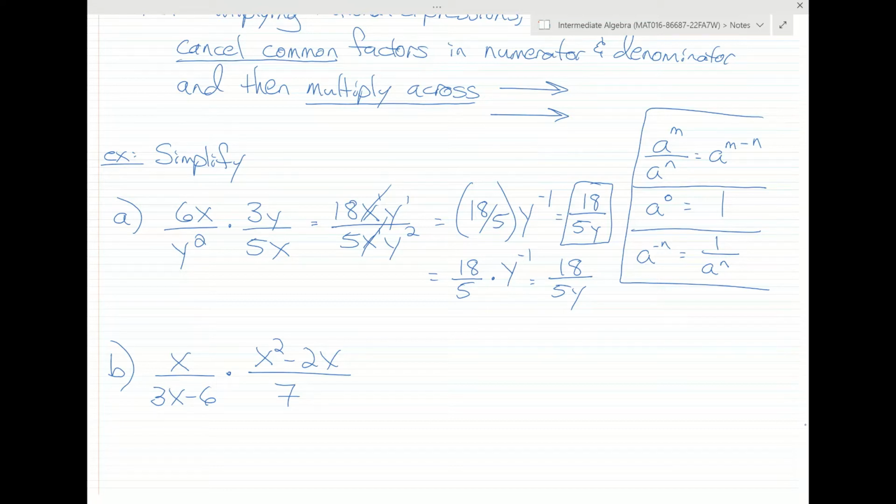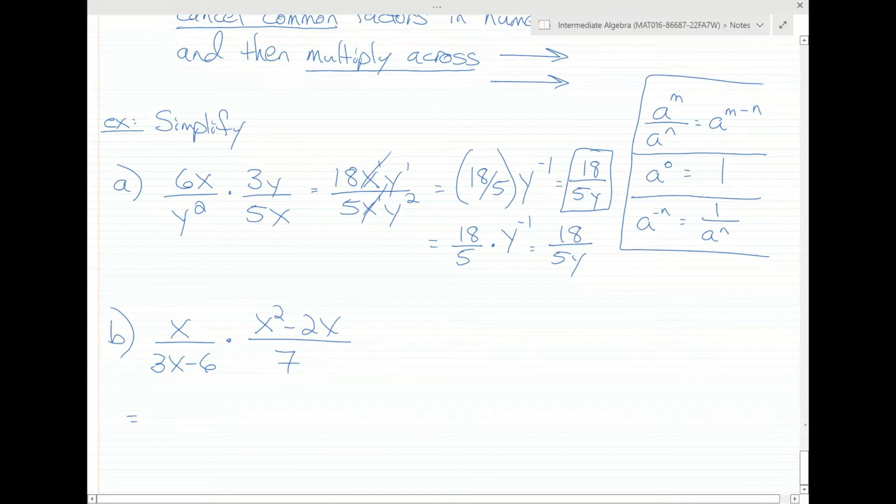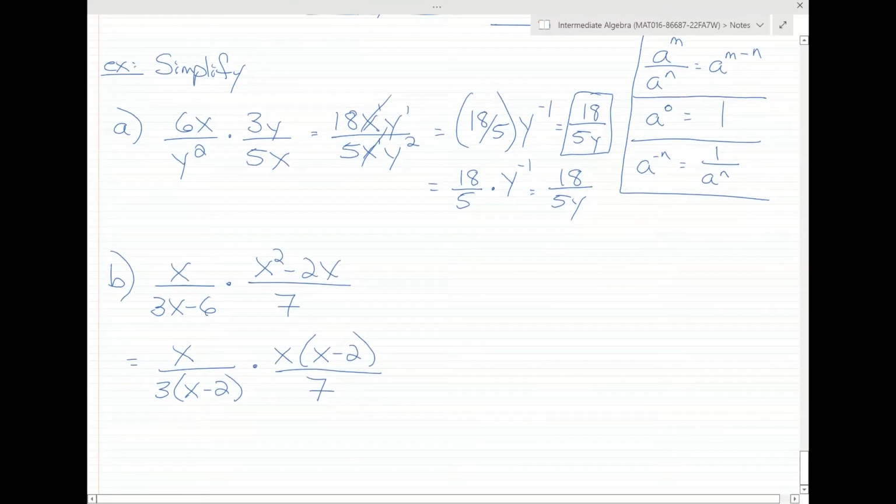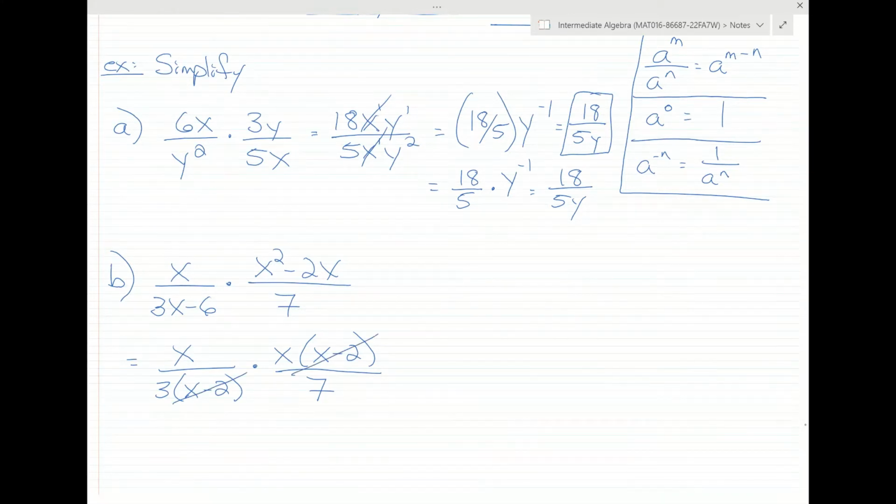So we could factor the bottom here. We can take out a 3. You take out an x on top. Now that it's factored, we can cancel out common factors. We have an x minus 2 on top and bottom. And then just multiply across. x squared over 21 would be the answer.